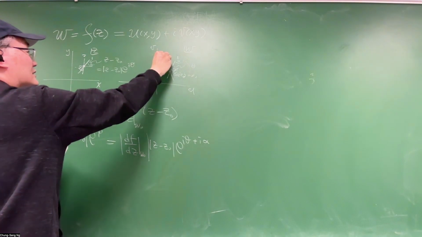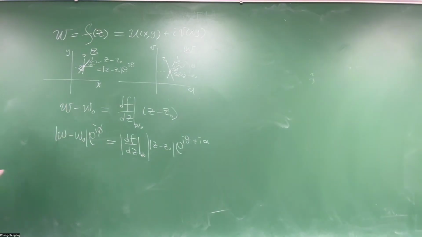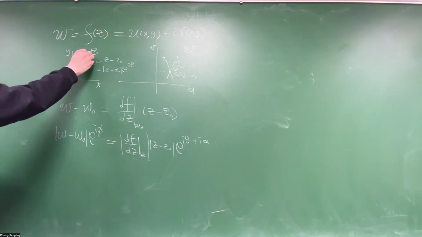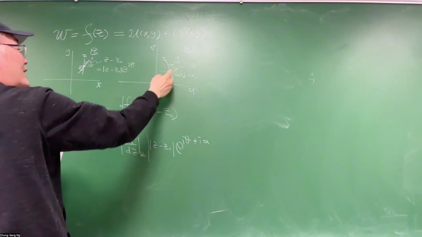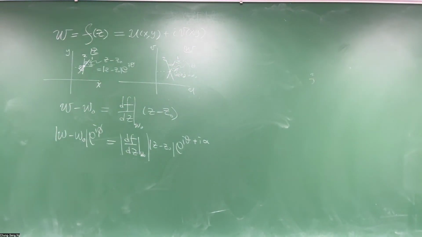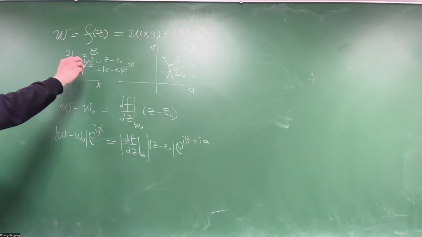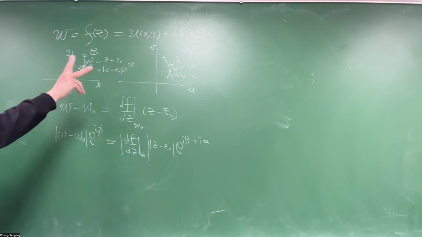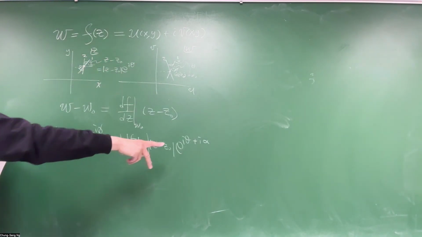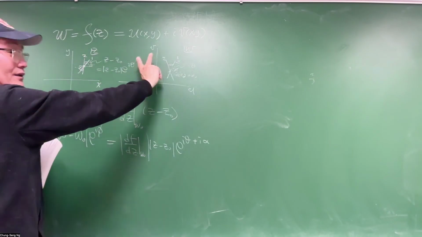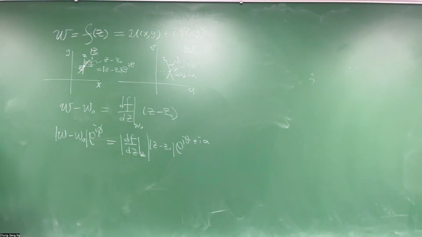This will be the second line. So they rotate together. Whatever the angle between 1 and 2, obviously they will maintain the same angle after you map to the W plane, right? So these two lines will rotate together by alpha and go to the W plane.